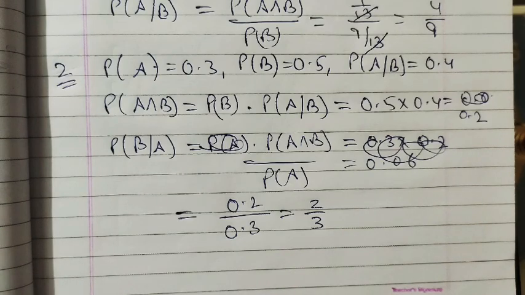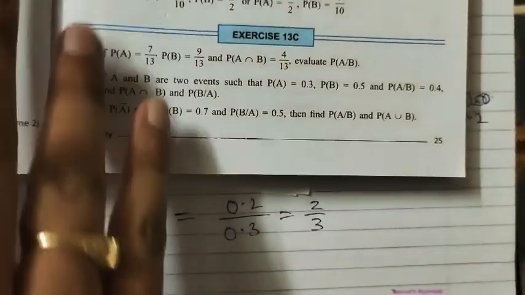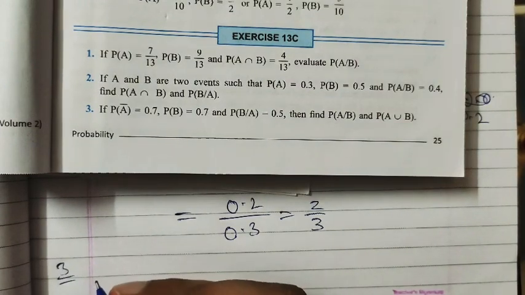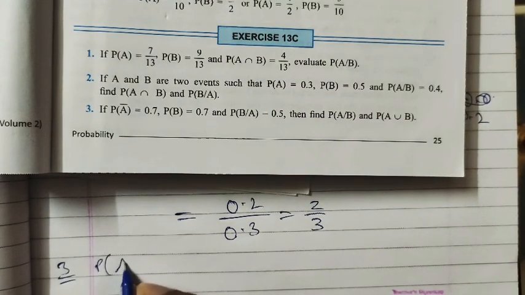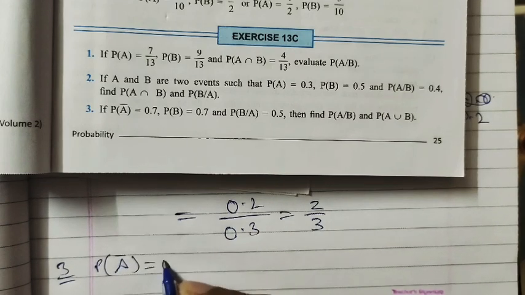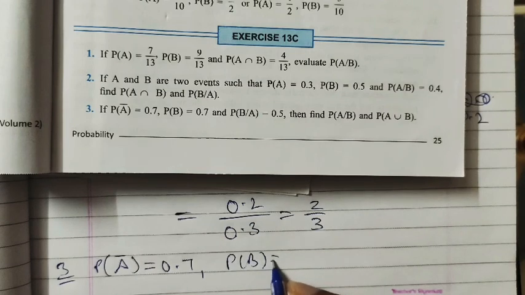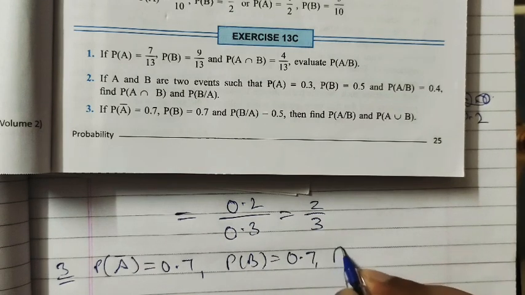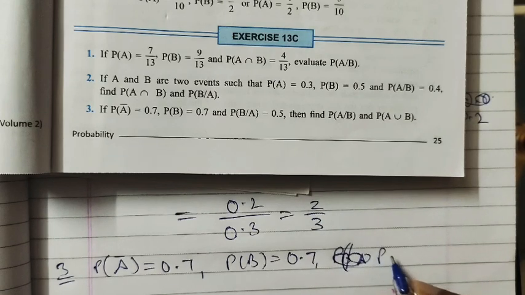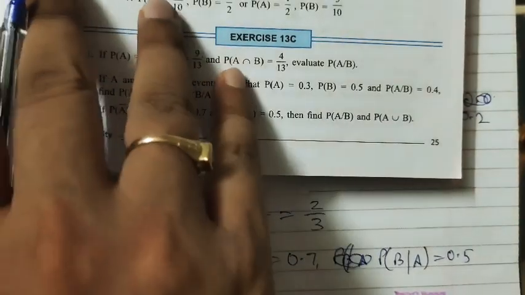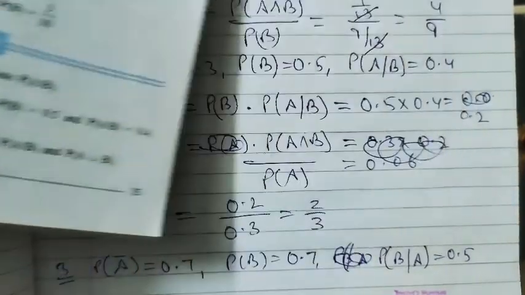Next, question number third. In the third question, probability of A not is 0.7, probability of B is 0.7, probability of B upon A is 0.5. So we have to find out probability of A upon B and probability of A union B, right?